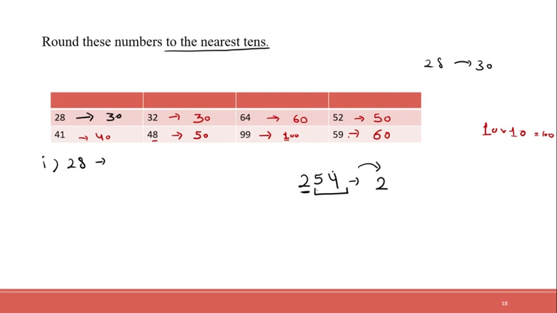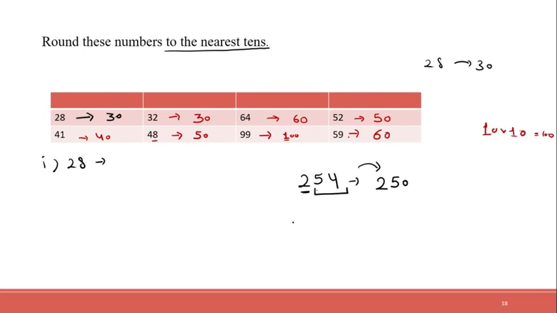I want you to round it off to the nearest tens digit. From 54, 50 is nearest, right? So we will round it off to 250.